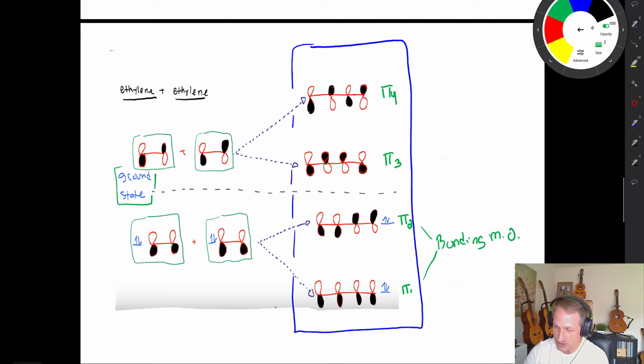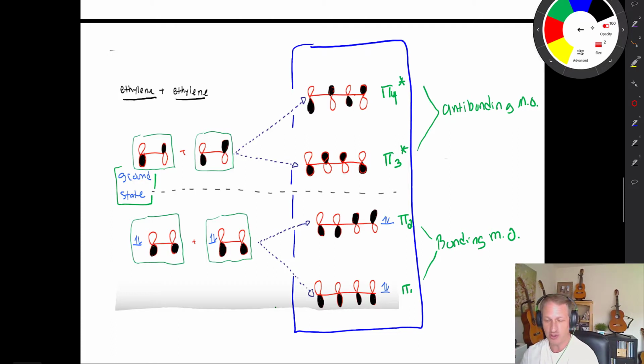Now these orbitals are anti-bonding. So these are anti-bonding MOs.